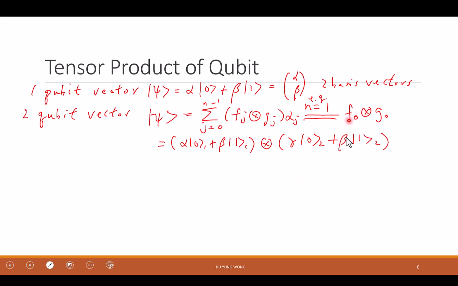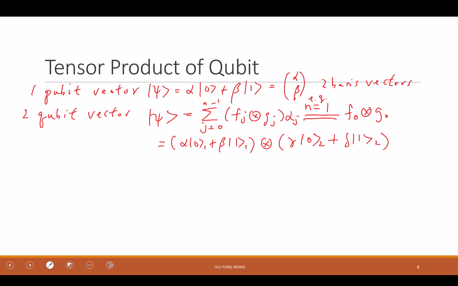A tensor product of 2 vectors from a 1 qubit state. The first 1 qubit is alpha 0, beta 1. The second qubit is gamma 0 and should be delta 1, sorry. Is this okay? Why do I put 1 and 2 as the subscript?